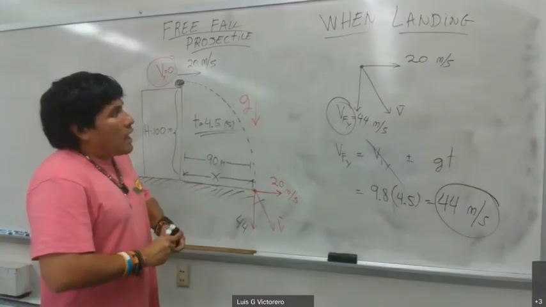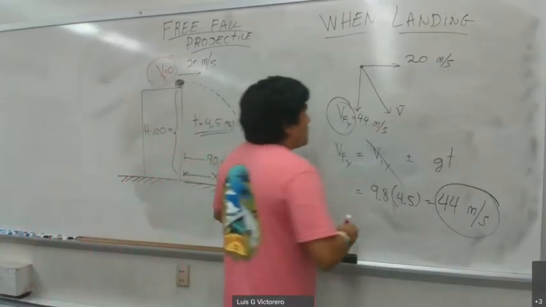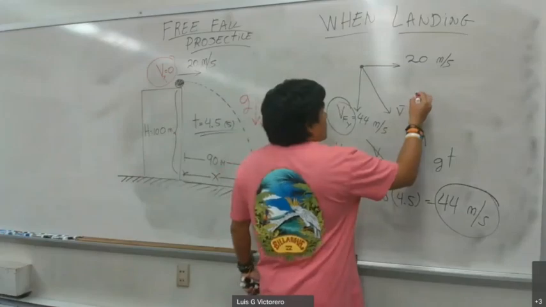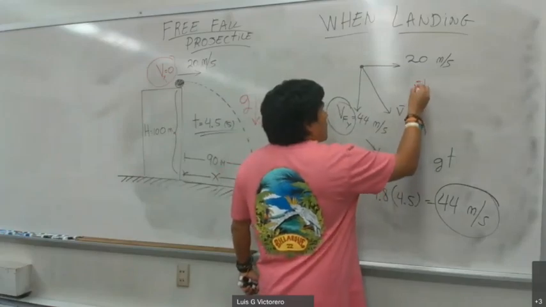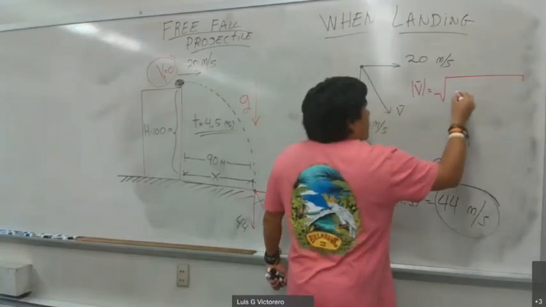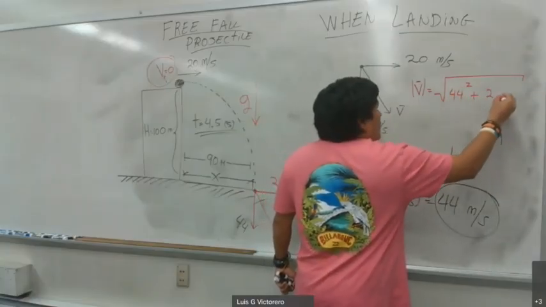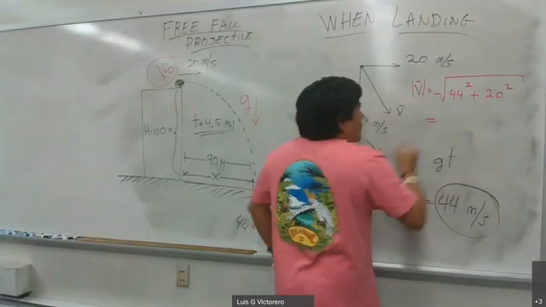How do I find the magnitude and direction of that vector? The magnitude, same.